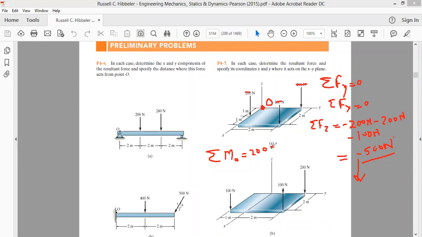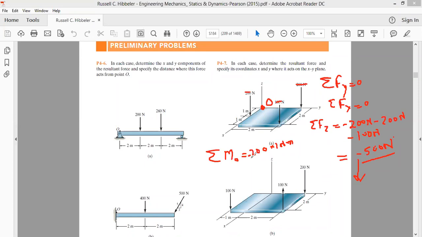Force unit is Newton, distance unit is meter, so it is 200 Newton meter. This 200 Newton force is trying to rotate the system in the clockwise direction, that's why we take it as minus.